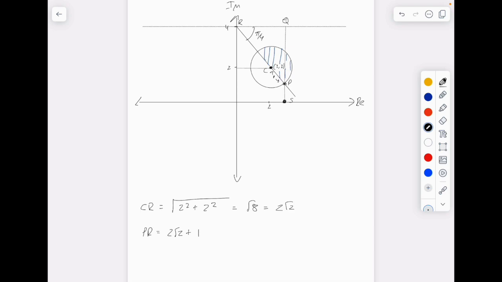But now I'm going to say, fine, what does PQ equal?